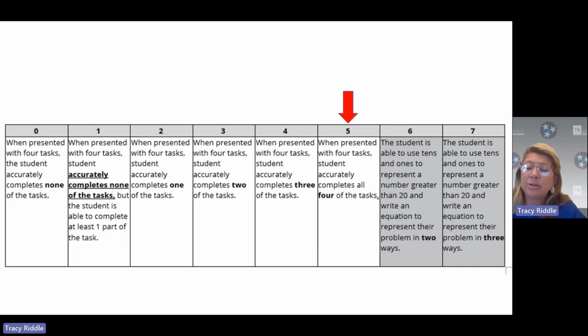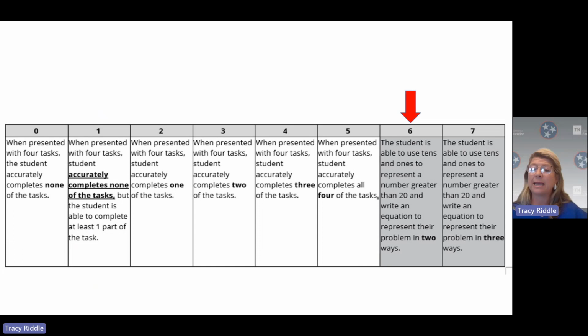Once the student has mastered the kindergarten standard at level 5, then the teacher can move into assessing the first grade standard. At the first grade standard, the student is able to take a number greater than 20 and break it down into tens and ones and write the equation to represent that problem.